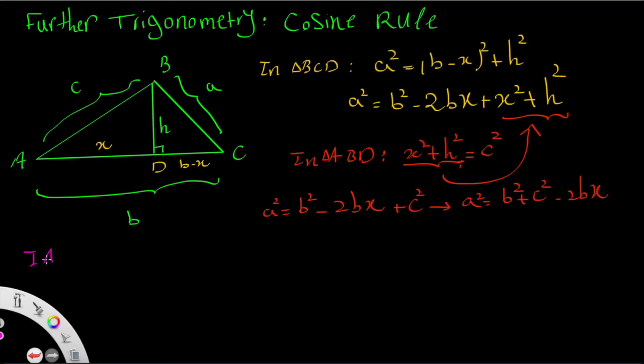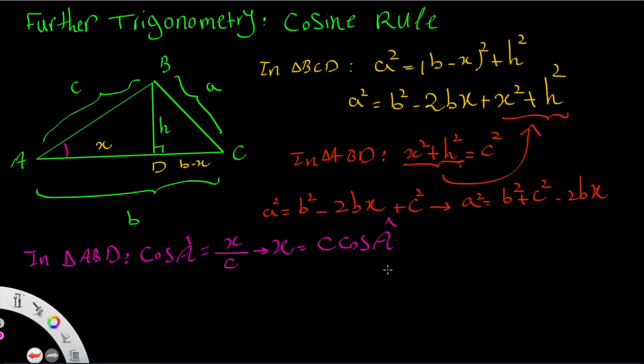Now I go to triangle again, in triangle ABD. We have cosine of this angle, cosine of angle A, is equal to adjacent, which is x, over hypotenuse, which is c. So x will be c cosine of angle A. Now, again, I replace it here.